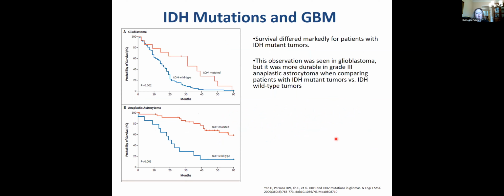And he was able to show that patients that had these mutated tumors had a better prognosis than ones that had wild-type tumors. So this is an example of a Kaplan-Meier curve. And I want you to focus in more on the anaplastic astrocytoma, because this is where the really meaningful results are: if you had a wild-type tumor, you had a poor survival compared to patients that had an IDH mutated tumor.